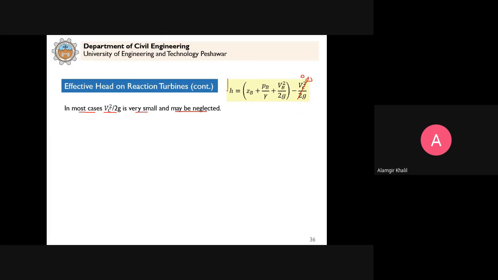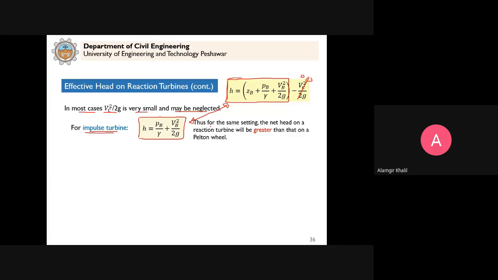Now, this is the head that is available to the turbine. If we compare this with the head available with the impulse turbine, what was the head available in the case of the impulse turbine? The head available was PB by gamma plus VB square by 2g. If you compare the two, it means that the head available to the reaction turbine is more than the impulse turbine.